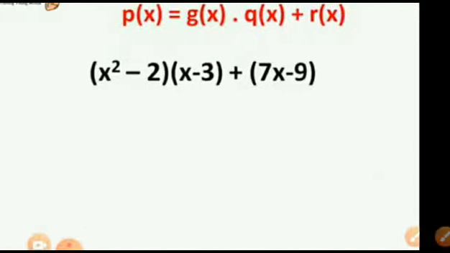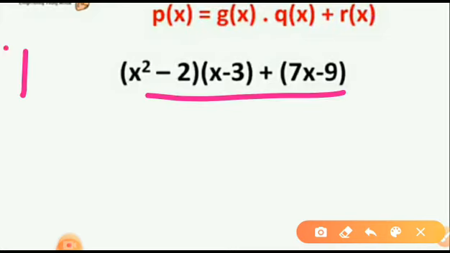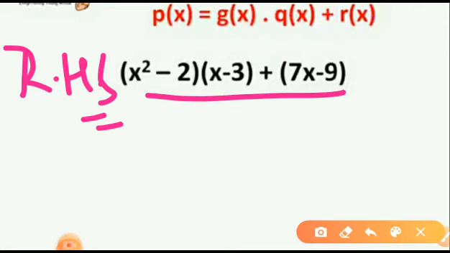So accordingly I'll be writing it as, this will be my RHS. So RHS is g of x, your divisor, x square minus 2, times q of x, that is the quotient, x minus 3, plus r of x, the remainder, that is 7x minus 9. Clear? Now what to do? Simplify this.